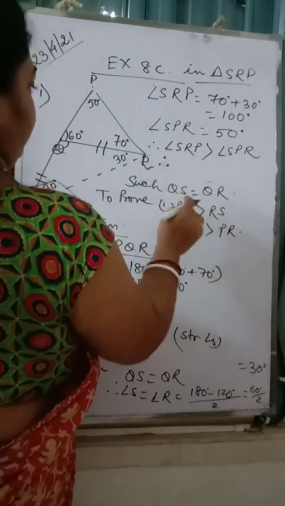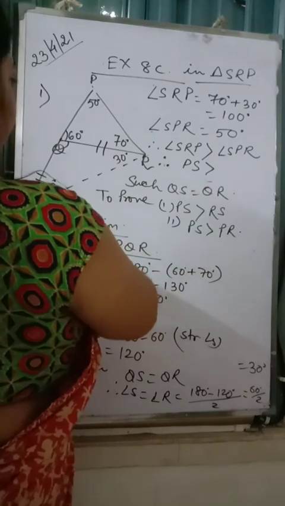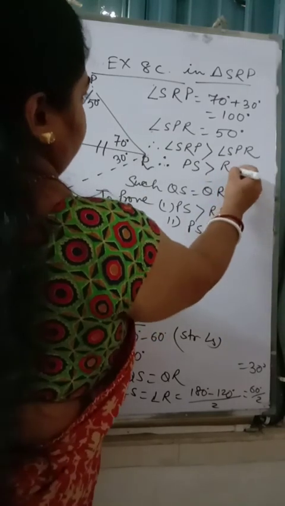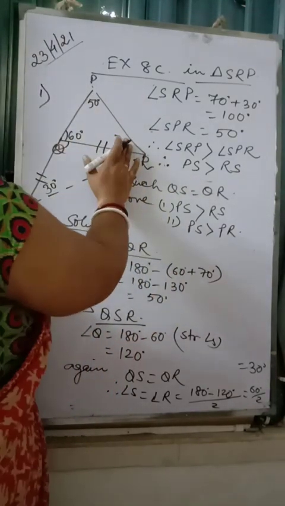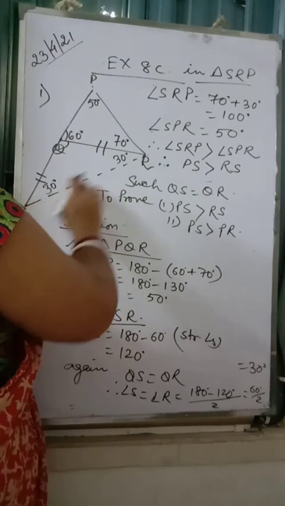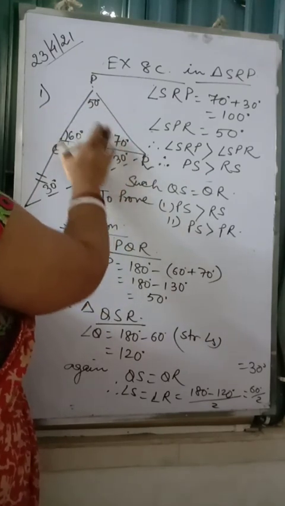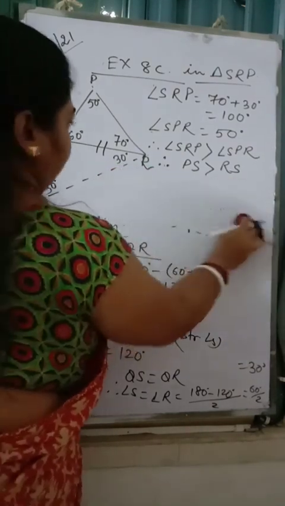Therefore PS would be greater than RS. PS is opposite to this angle and RS is opposite to this, so opposite to the greater angle, the side will be greater. This is proved.